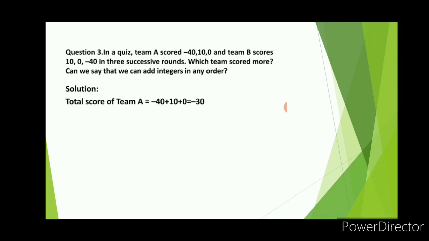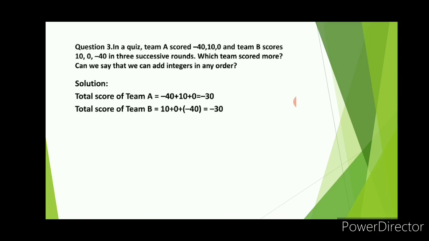First we will find the total marks of each team. Total score of team A equals minus 40 plus 10 plus 0. So minus 40 plus 10 is minus 30. Minus 30 plus 0 gives the same number, minus 30.